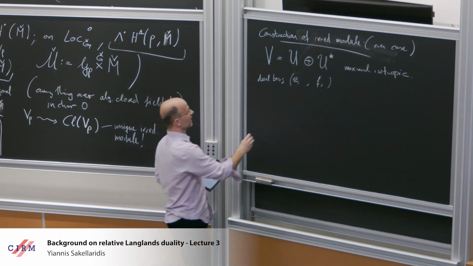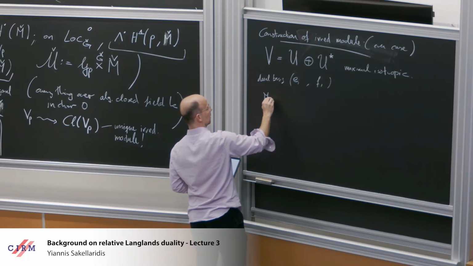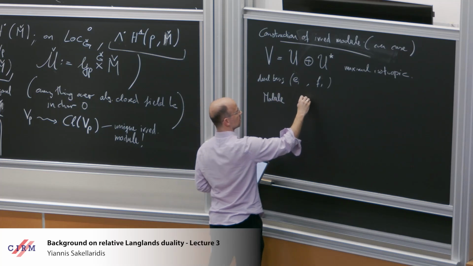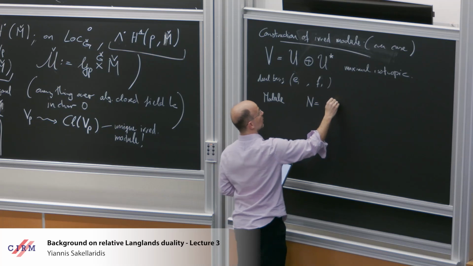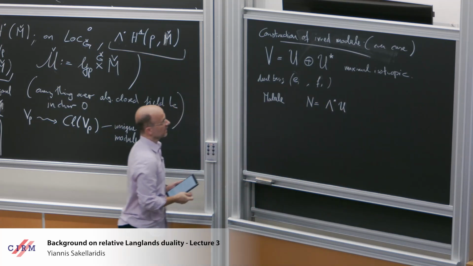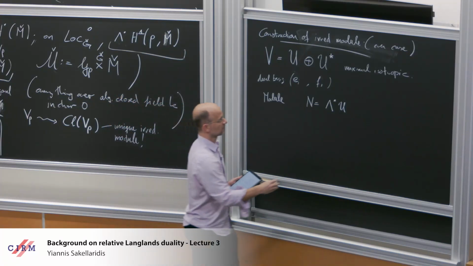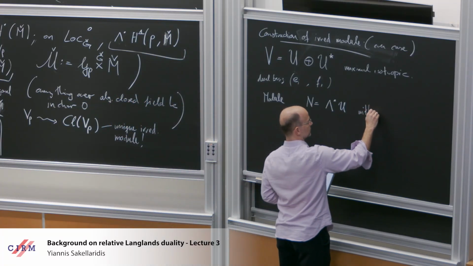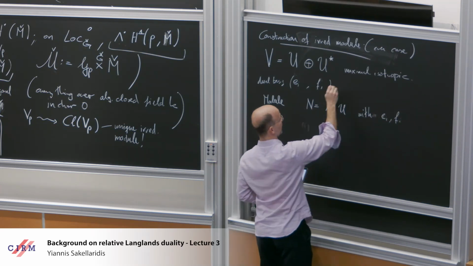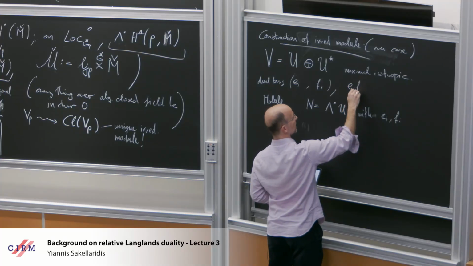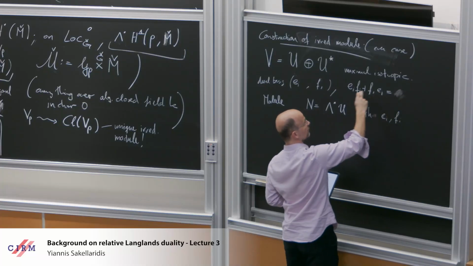Then I claim that the module is going to be the exterior algebra of U, where the EIs and FIs act as creation and annihilation operators. By the way, in the Clifford algebra, the relation is EI FI plus FI EI is going to be Q of EI FI, which is 1.